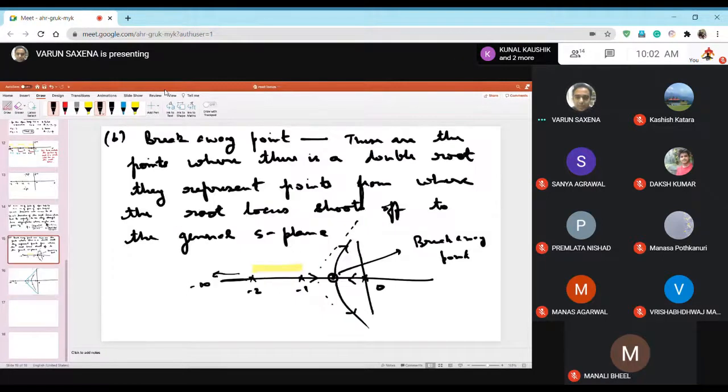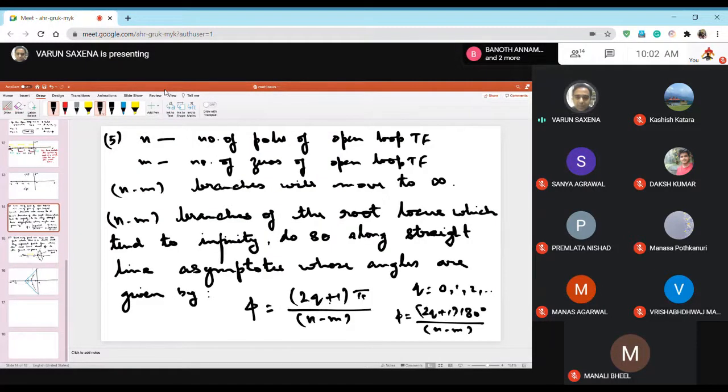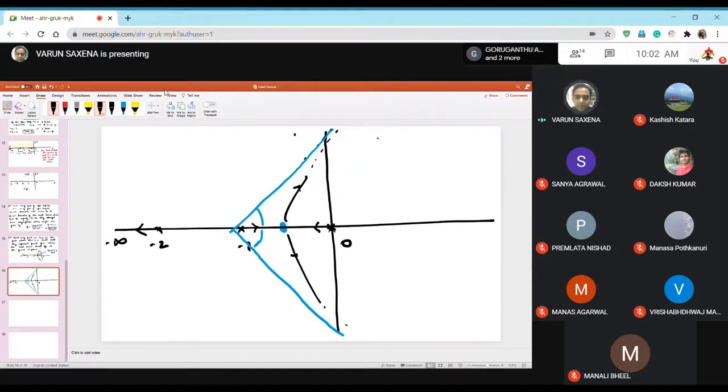If you see the formula, that is (2q plus 1) pi over n minus m, right? Let's just write that phi here. That is (2q plus 1) pi over n minus m. Or let's just write it as 180 degrees, because it'll be easier to understand in degree terms right now.